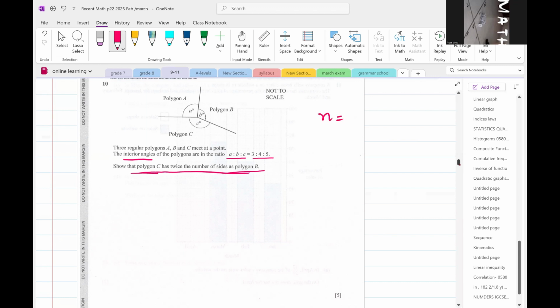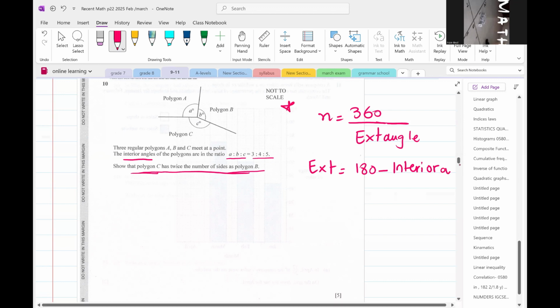Number of sides of a polygon is equal to 360 over exterior angle. Keep that in mind. And we know that the exterior angle of a polygon can be found by subtracting the interior angle from 180. These are the 2 important formulas required to solve this question.